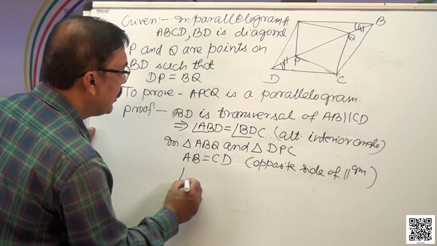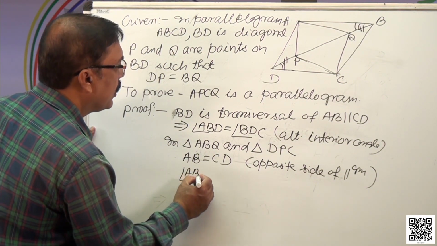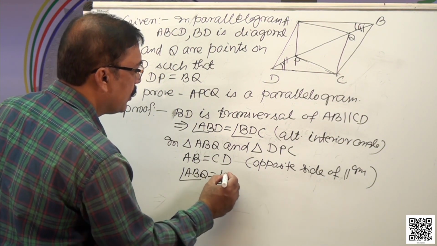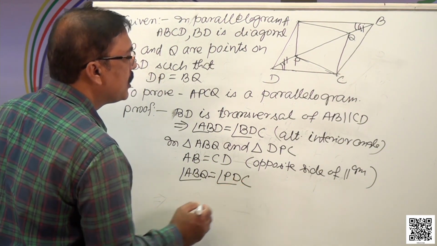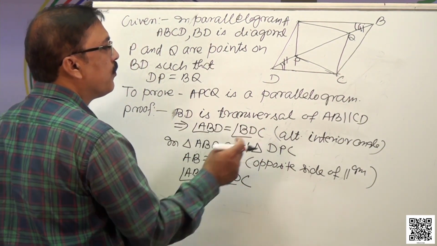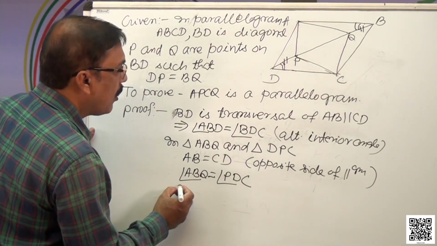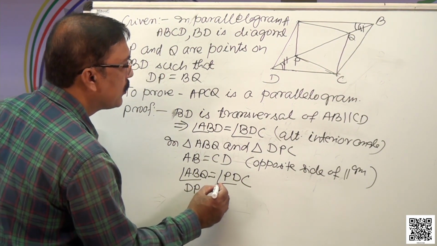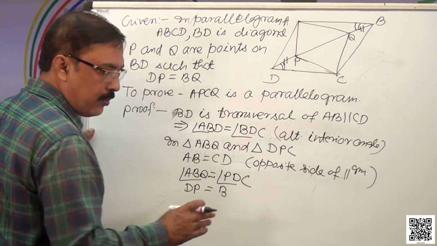And angle ABQ is equal to angle PDC, as here it is proved. Again, we have DP is equal to BQ.